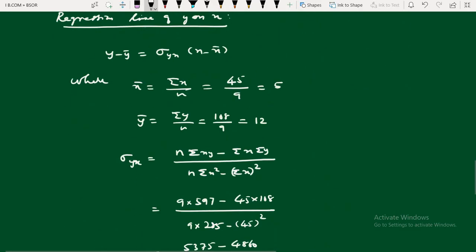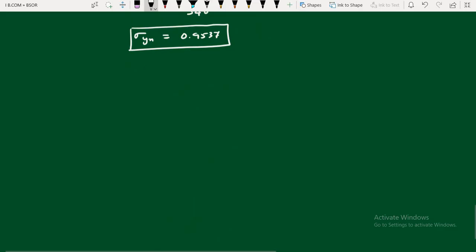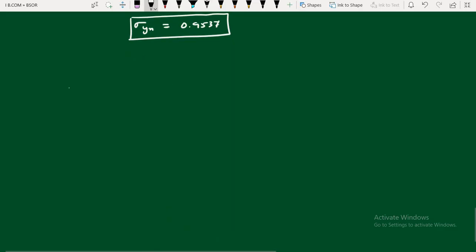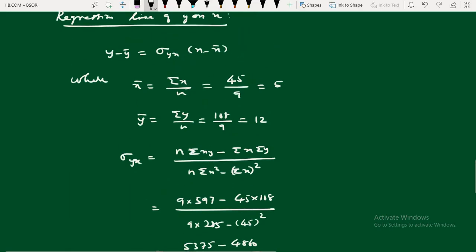Right. Now substitute all those values in the equation. Therefore the equation of y on x is y minus y bar, y bar is 12, equal to sigma yx, 0.9537, into x minus x bar, where x bar is 5.